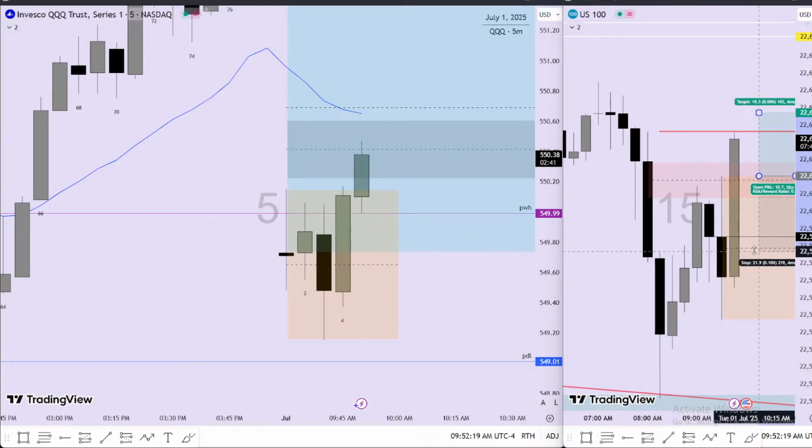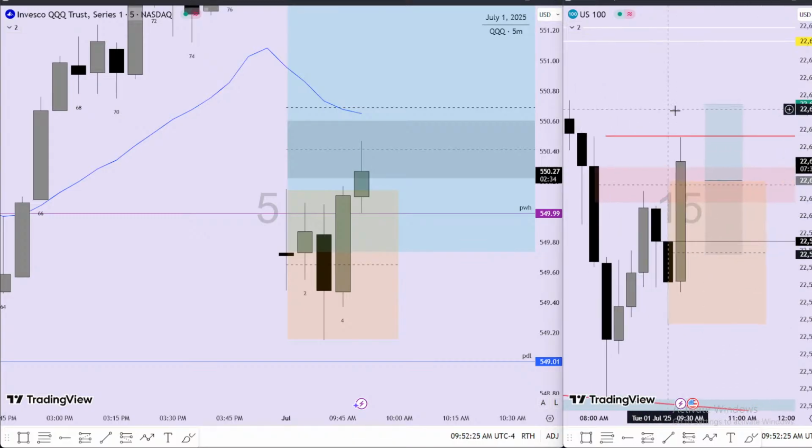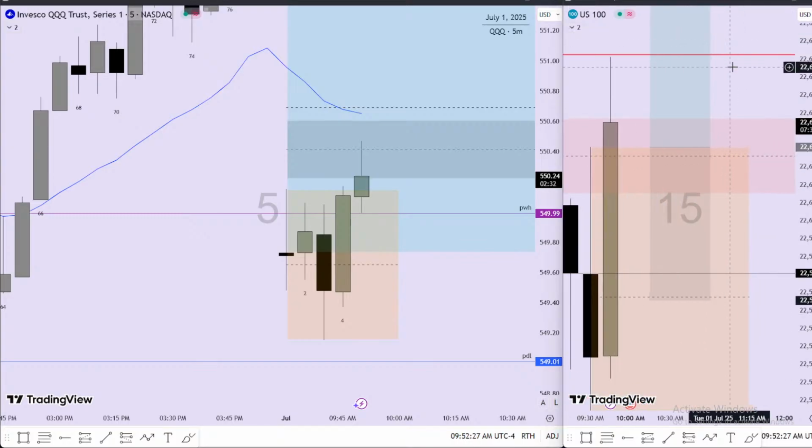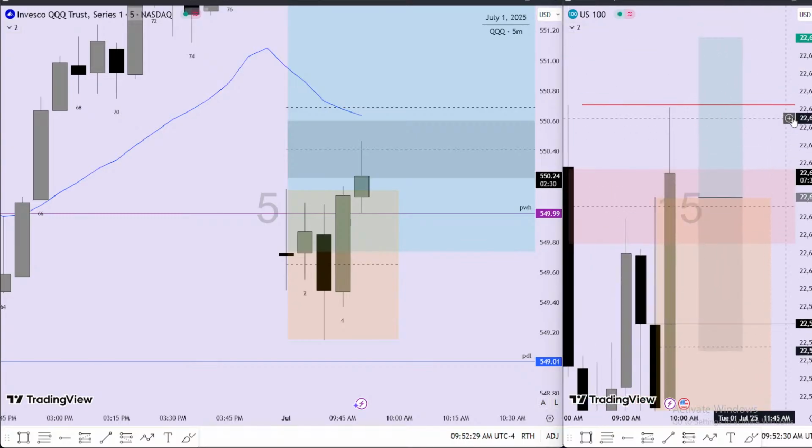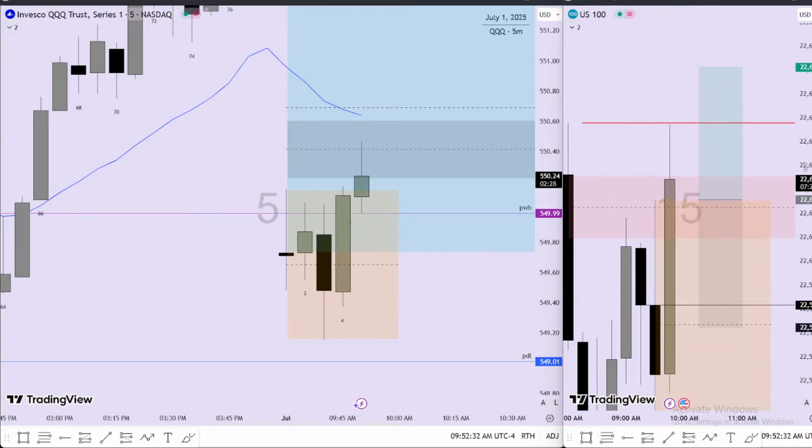One-time risk would be 21, but I need a close.